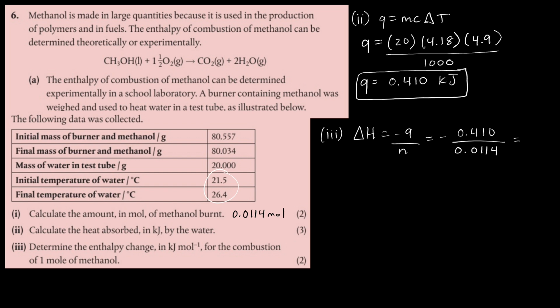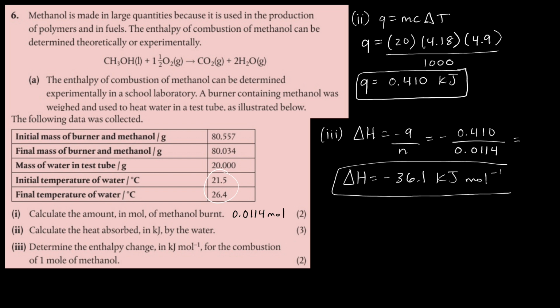That's going to give us a delta H of negative 36.1 kilojoules per mole. And the negative is going to tell us that it's an exothermic reaction, which in a combustion reaction is standard.